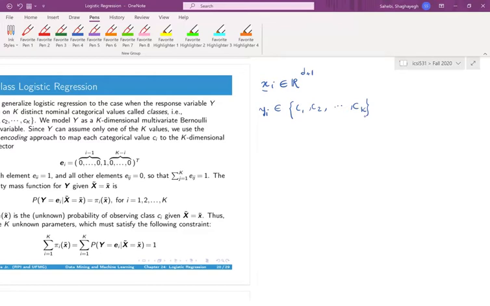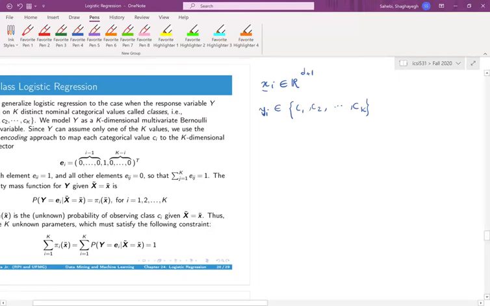Now, when we were doing binary logistic regression, we encoded yi's as being 0 or 1. So that was a binary response that we had. But the problem with multi-class logistic regression is that it's difficult when we have multiple classes. We cannot just say that it is either 0 or 1.